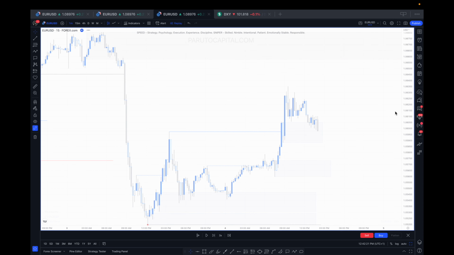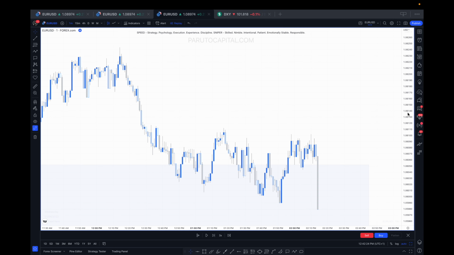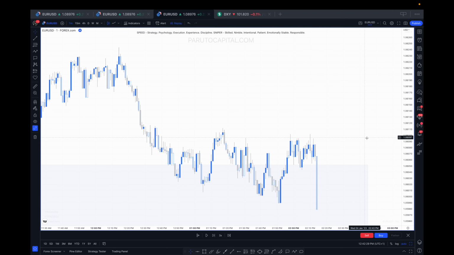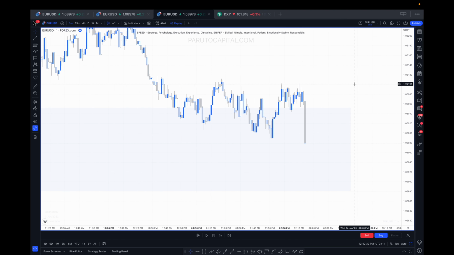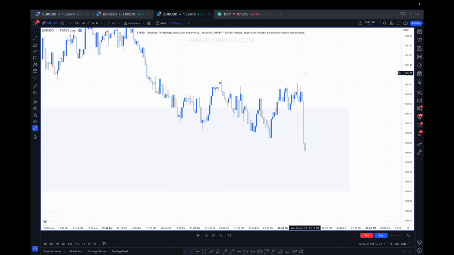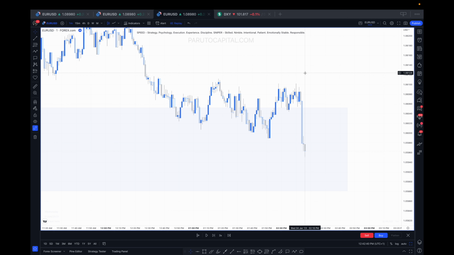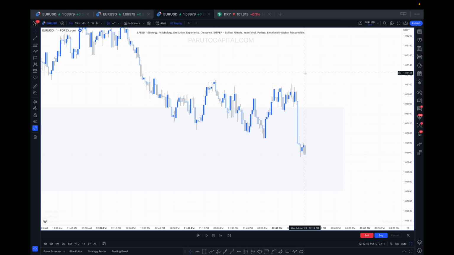So let's go to the 1 minute and see if we're going to actually see any price action that we can potentially trade, right? So let's see. Okay, so this is 2:14, all right? Let's see what happens next. 2:16, 17, nothing.